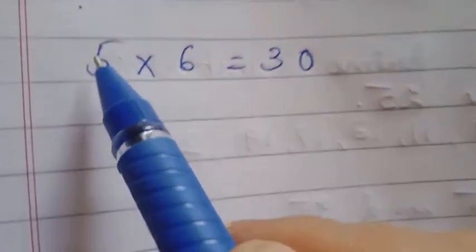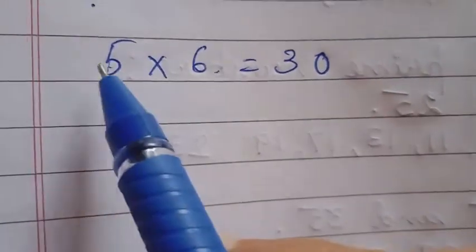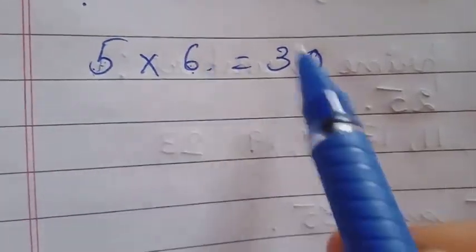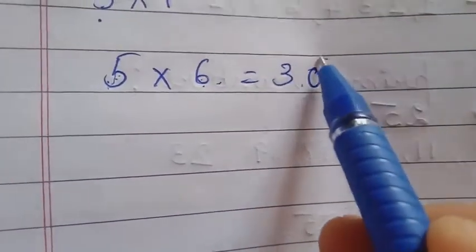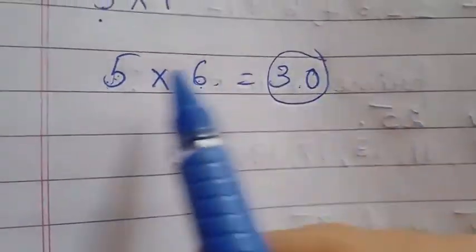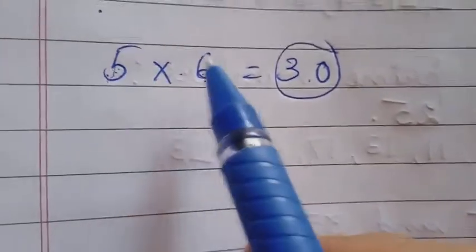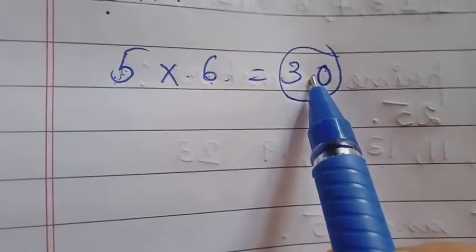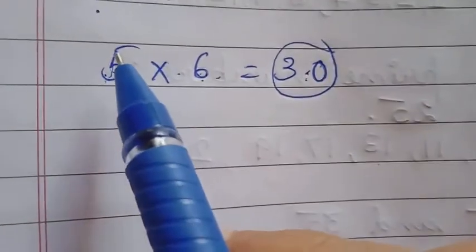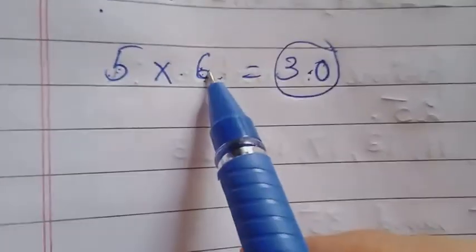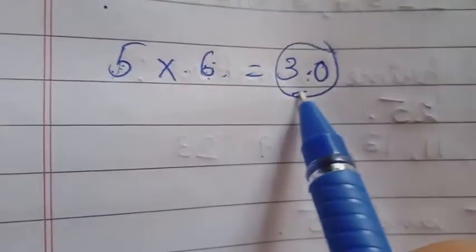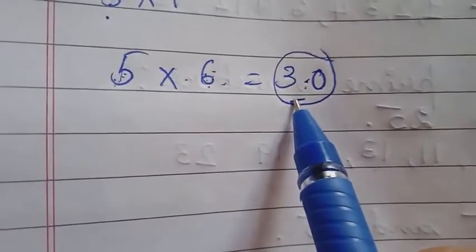So I have multiplied two natural numbers here, 5 and 6, and after multiplying I have got 30. I say that 30 is the product. When you multiply any two, three, four or more numbers, the answer which you get is known as the product.